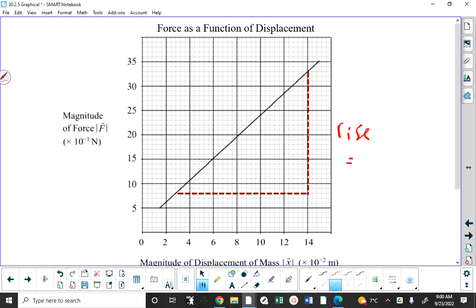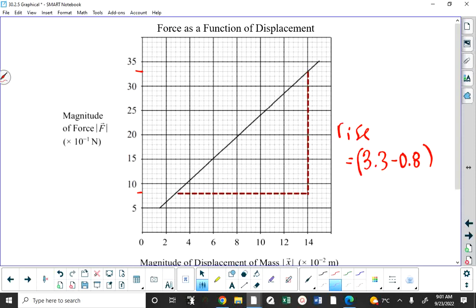The rise is, well, this is 33. This is 8. It's times 10 to the negative 1. So that would be 33 times 10 to the negative 1, which is 3.3, minus 8 times 10 to the negative 1, which is 0.8.